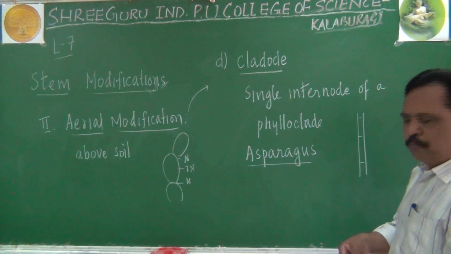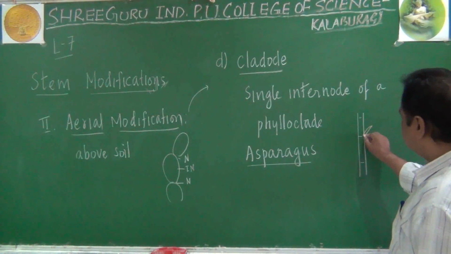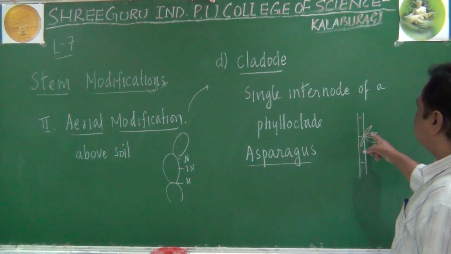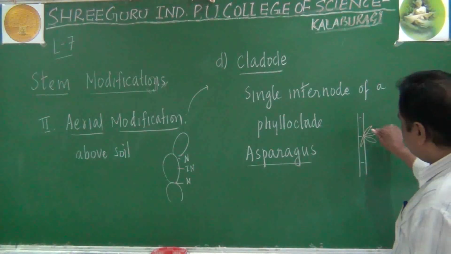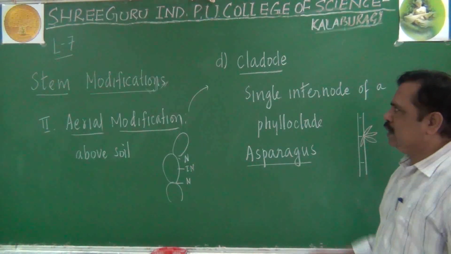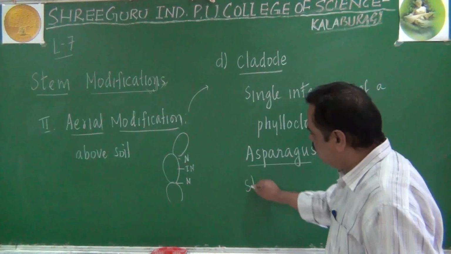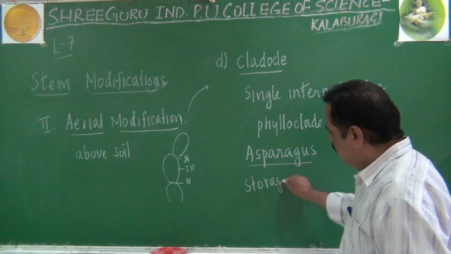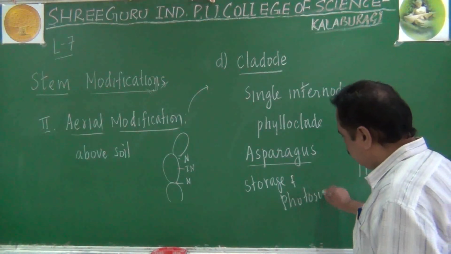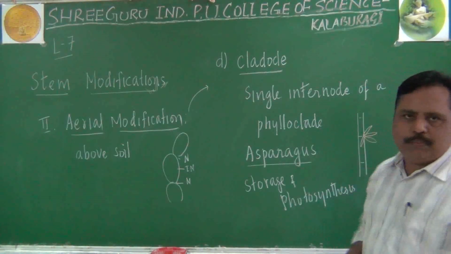But the same stem will produce many modified single internodal structures like this. They are meant for storage and photosynthesis. So cladode is meant for storage purpose as well as photosynthesis. This is the function of cladode, remember.